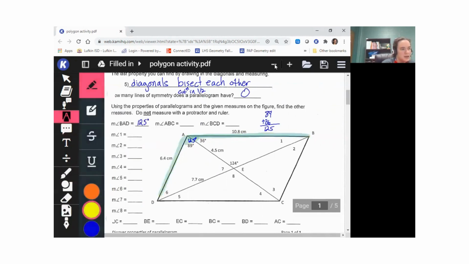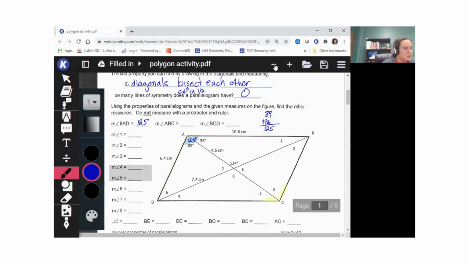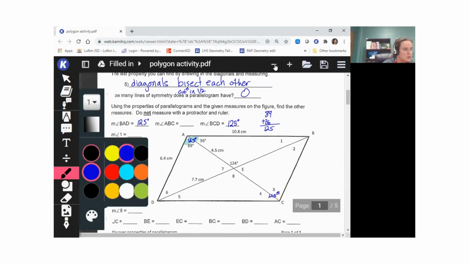And because that angle is 125 degrees, we know this angle down here, angle BCD, is also 125 degrees because opposite angles are congruent. And that is for this whole angle, not just one part of it.